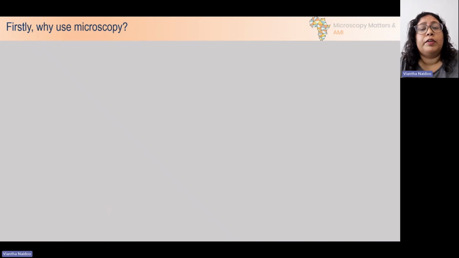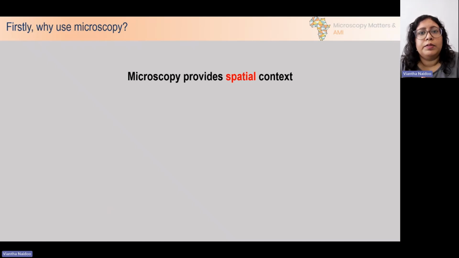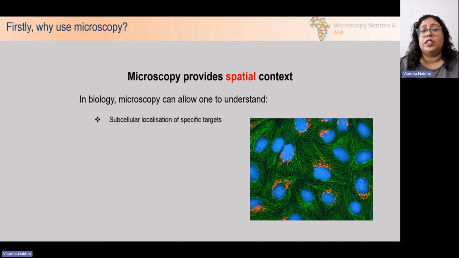The answer is that microscopy provides spatial context. That is, microscopy helps tell us where certain things are and how they relate to where other things are. So in biology, to provide a few examples, it can tell us the subcellular localization of specific targets, such as mitochondria or lysosomes.